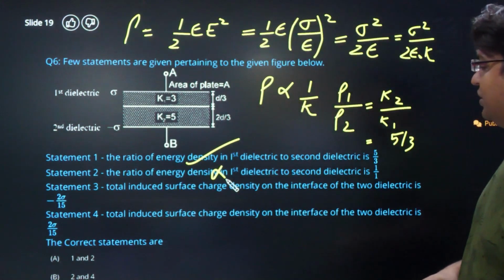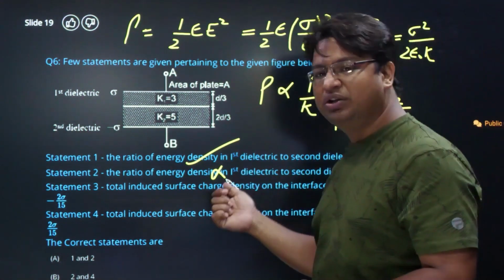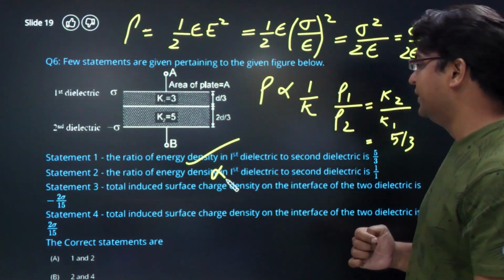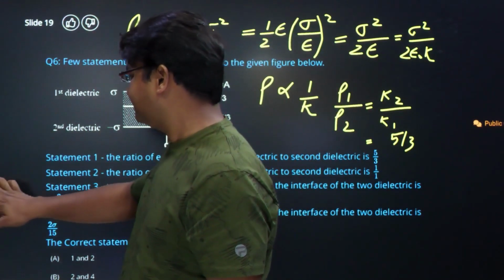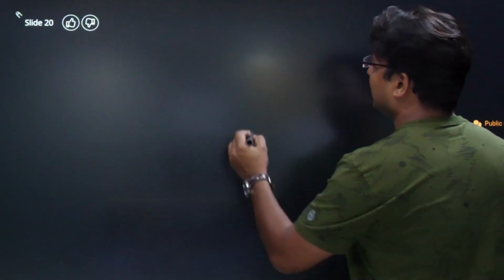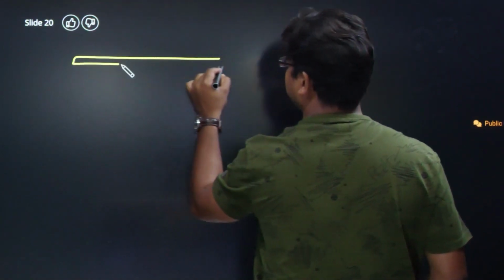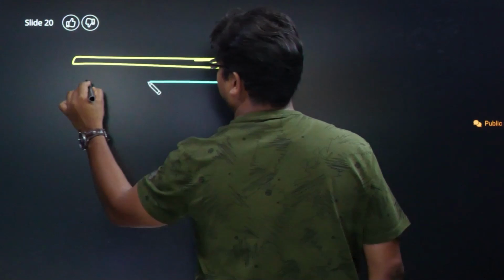Now let's pay attention to 3 and 4. Total induced surface charge density on the interface. How do we write the induced surface charge density? For this, let's understand what is going on. So this is the plate, and let's say this is one of the dielectric.